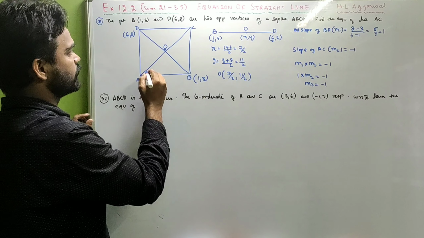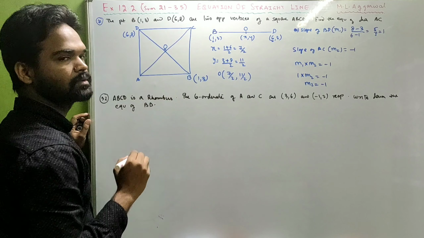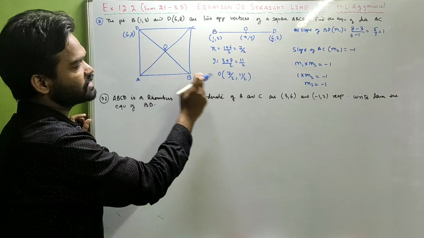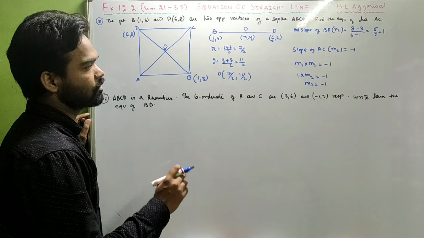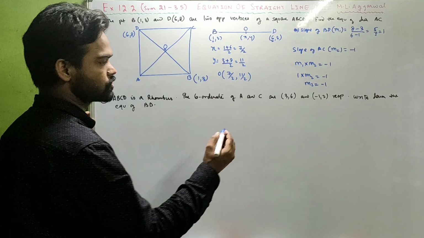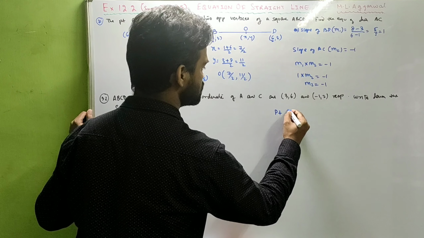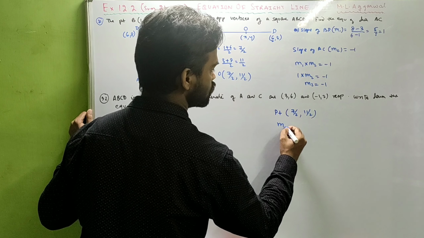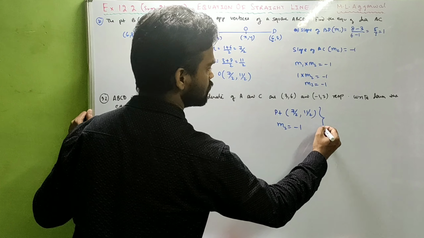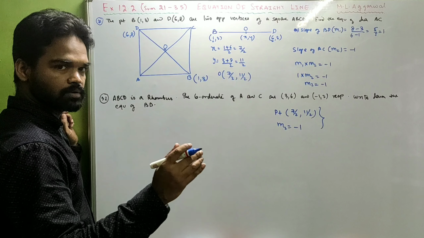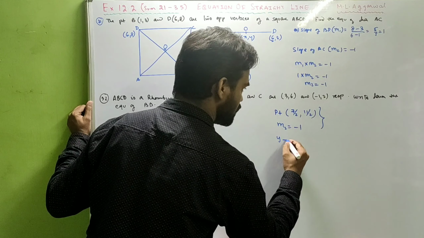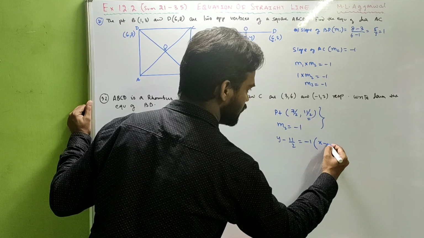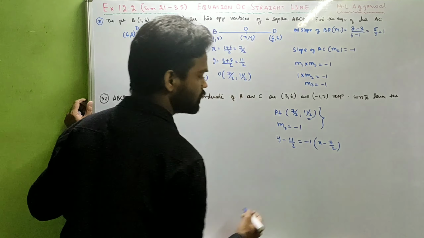See, we know the slope of AC, that's minus 1, and we know a point on AC, that's (7/2, 11/2). So we know a point on AC and we know the slope of AC also. So what will be the equation? Point slope form: y minus y1 is equal to m (x minus x1). Isn't it?